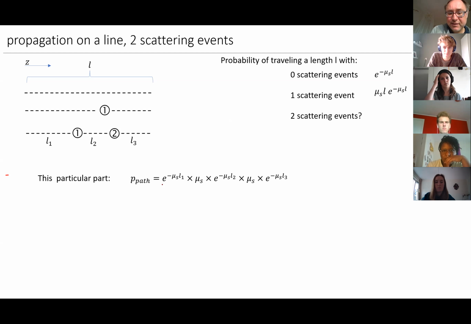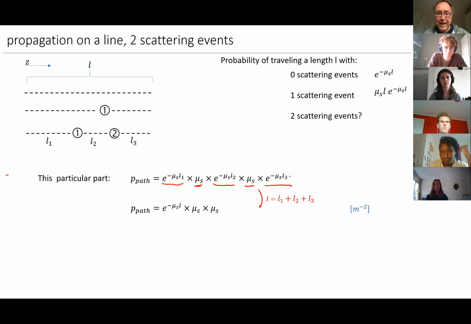It has a propagation over length L1, scattering event at 1, then propagation over length L2, then the second event, and then a propagation over the segment L3 in which nothing happens. So this is then again the likelihood of this path happening, and because of the dimensions, this one has the dimension of per meter squared, per square meter, if you like.